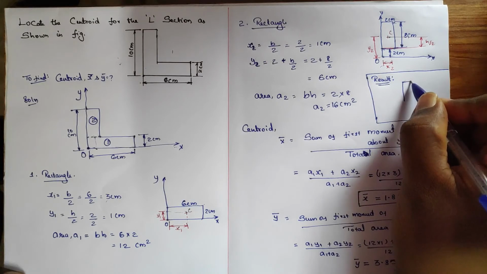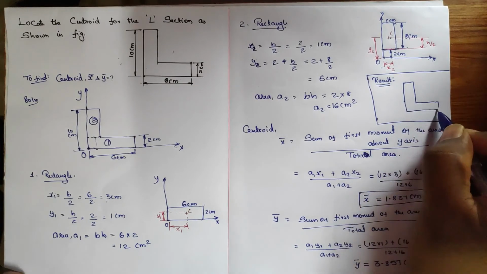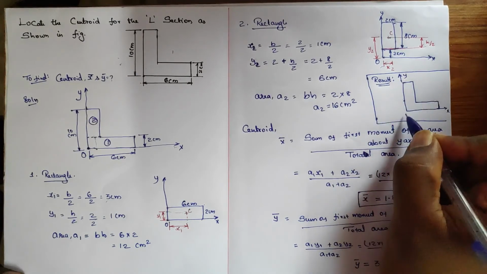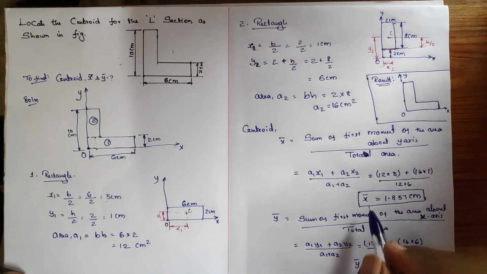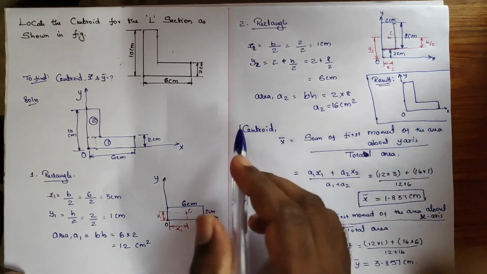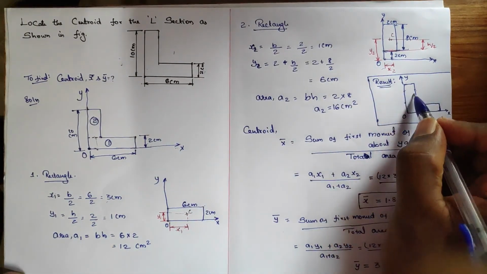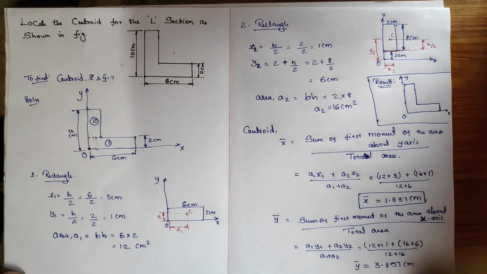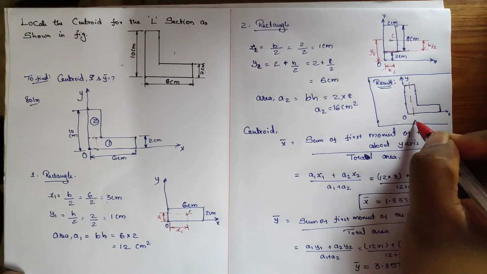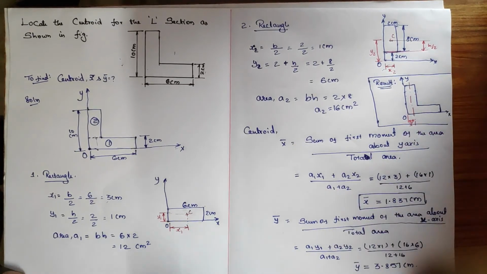This is how the diagram is: it is the x axis and the y axis, and this is O. Here x bar is 1.837. This thickness is 2 centimeter, so 1 is in between this, and in between that I am going to take the axis line. So this is the x bar.